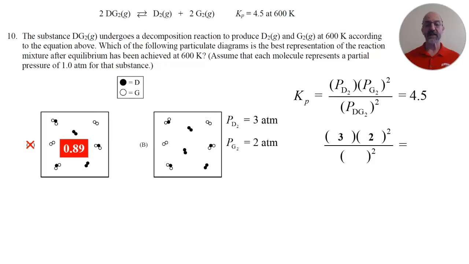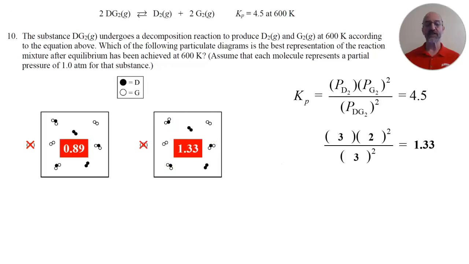And then I see 3 particles of substance DG2, so a partial pressure of 3 atmospheres, that goes into the denominator of my expression. Again, if I pick up my calculator and I do 3 times 2 squared divided by 3 squared, if I get 4.5, then choice B is the correct answer. But when I do that math, I get 1.33, so again, we can eliminate choice B.